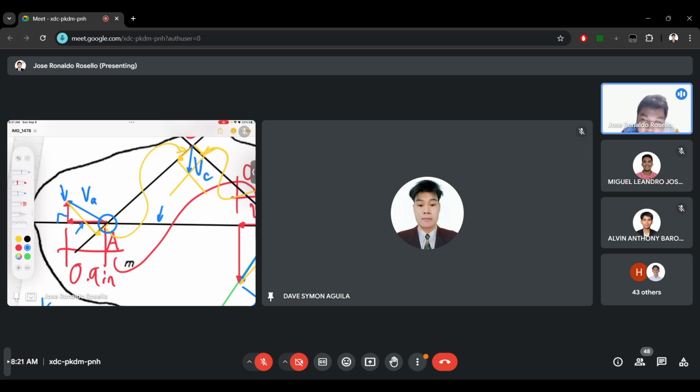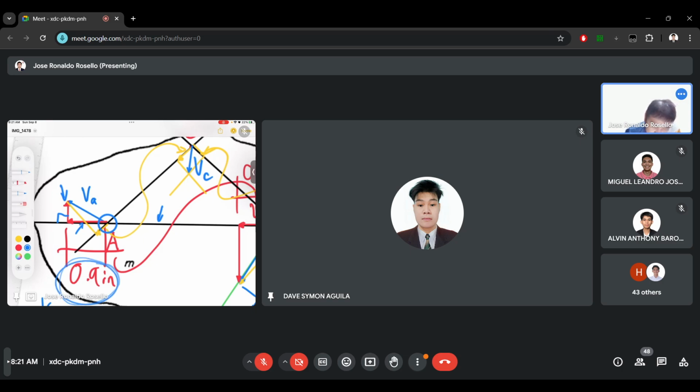Tapos, gumawa tayo ng black line na connection ng point A at point B. Then gumawa tayo ng perpendicular line sa black line na tatama sa dulo ng point A ng BA. Then gawa tayo ng vector uli from point A papunta doon sa perpendicular line. Tapos yun yung sinukat ko, naging 0.9 inch.